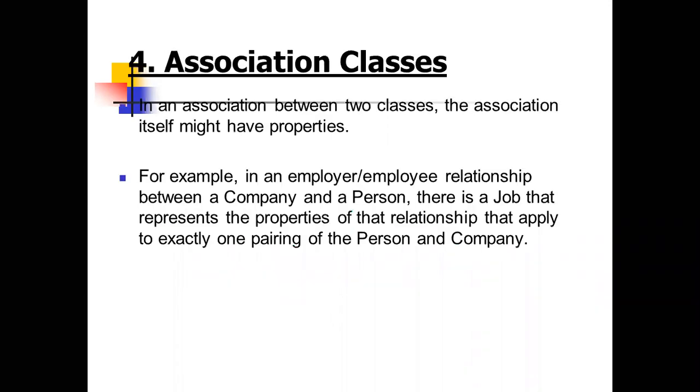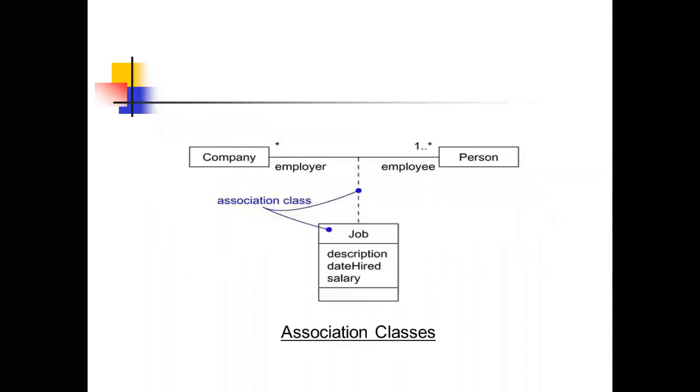Then the fourth one is association classes. It is an association between two classes, but the association itself might have properties. Here you can see an association class example. A company has more than one employee.